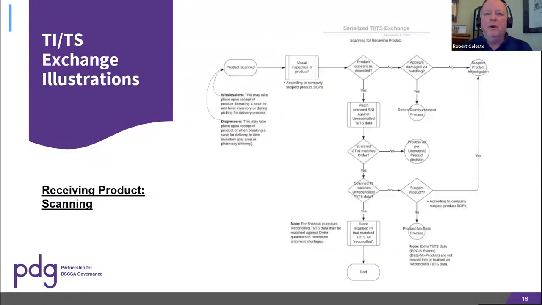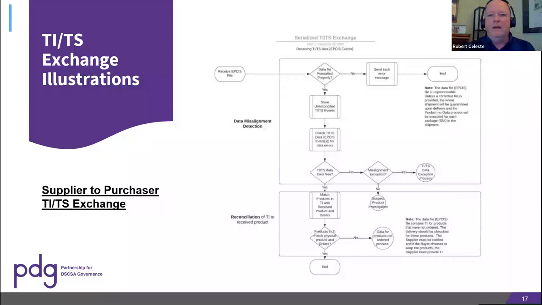If you're a purchaser, you will get EPCIS data or TI data most likely before the shipment shows up. And so there are certain checks that you can make at that point in time. You can check against your orders. You also can do some data checks for correct data in the TI/TS data and start the process of error correction should there be an issue.